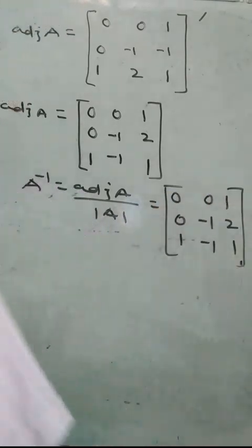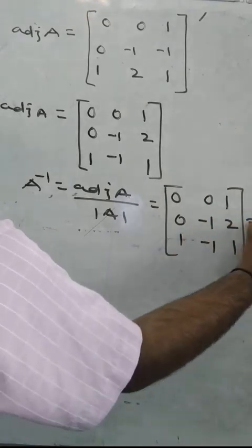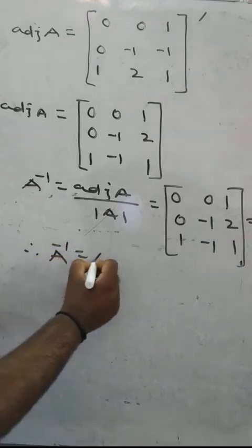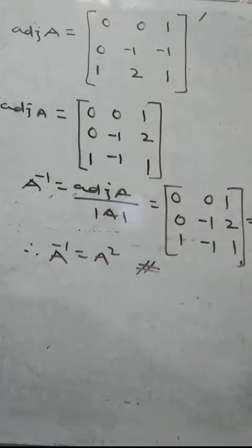And in the previous method we already found A square, which is exactly equal to this. So therefore A inverse is equal to A square. This is the second method, the adjoint method approach, and the previous one used the definition of invertible matrix.